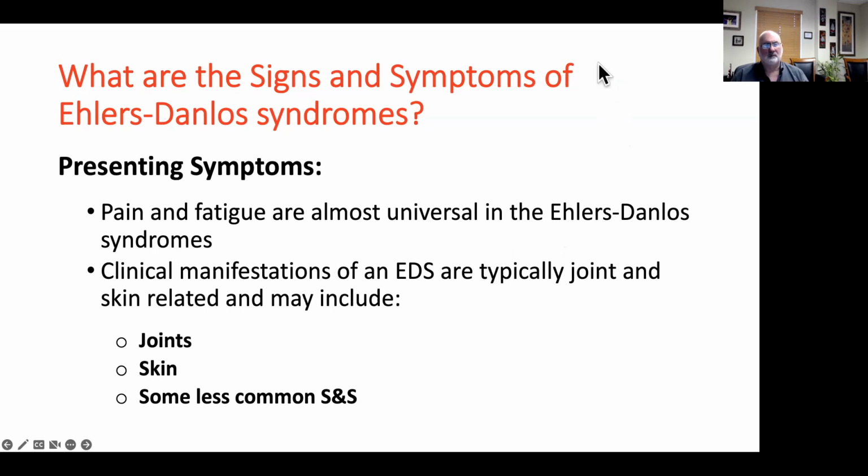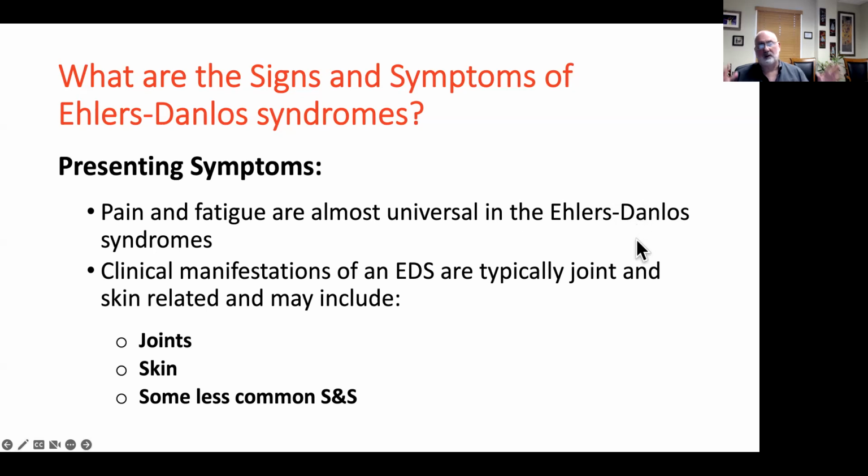With EDS, are we all alike? Are we all different? We are all different, and the spectrum of EDS is everything from being stiff and normal, quote unquote, all the way up to being so hypermobile and flexible that your joints subluxate all the time.